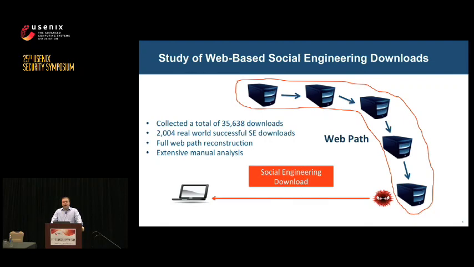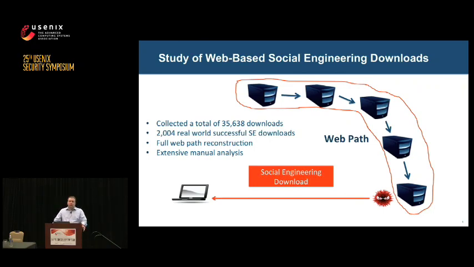Since we had the data for both the executable download as well as the HTTP transactions that occurred just prior to that download, we were able to reconstruct the click path followed by the user. The click path being some origin, such as a search engine, then the search engine results, then the user clicking through the results and hitting the page that had the deception and persuasion techniques that convinced them to download the executable, and then finally the executable download itself.